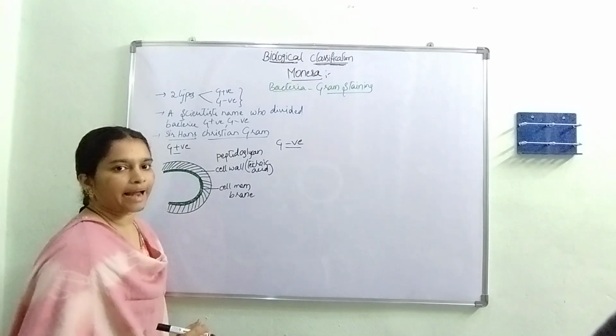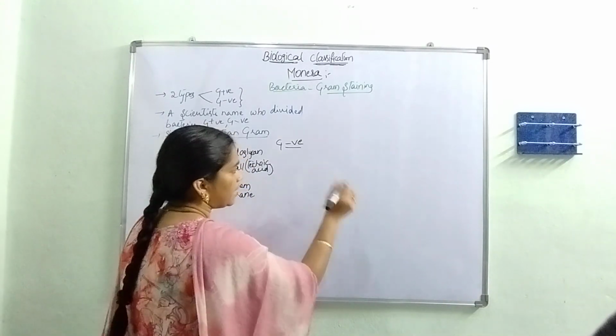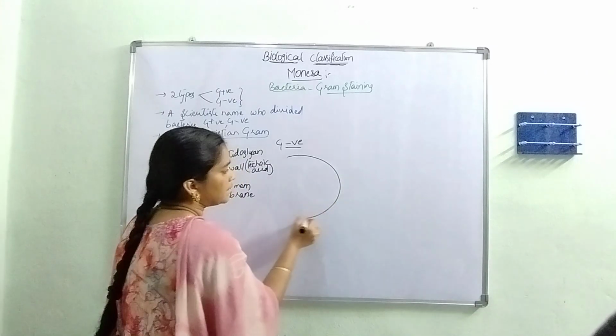And what about the gram negative ones? Here the gram negative bacteria are made up of three layers.